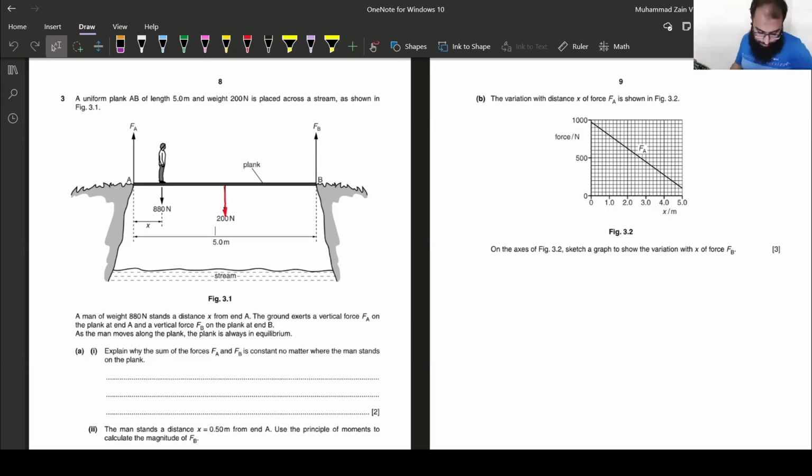Explain why the sum of the forces Fa and Fb is constant no matter where the man stands on the plank. The answer to this part comes from the first condition for equilibrium, that the resultant force must be zero.